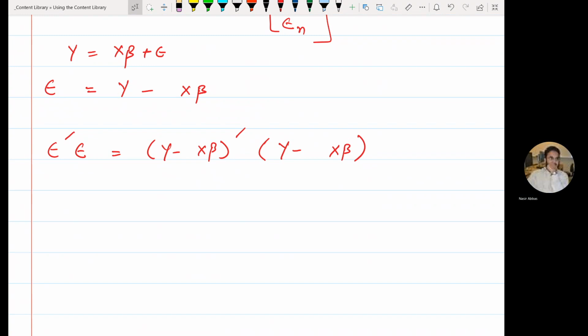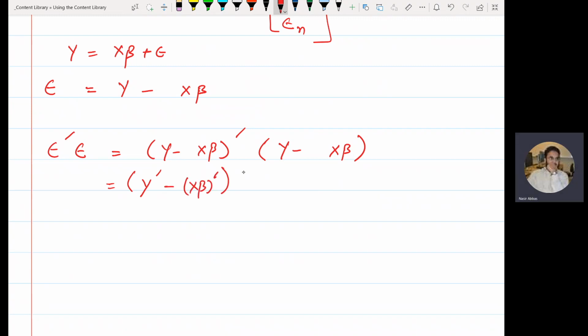It's the same as b naught, in a similar spirit, but this time you have more betas and more x's, more than one x. So let's apply the transpose. When you apply the transpose on the first bracket, it will be y transpose minus x beta transpose. True?